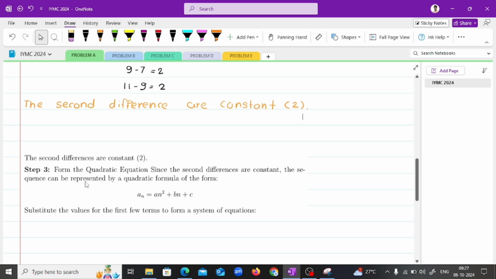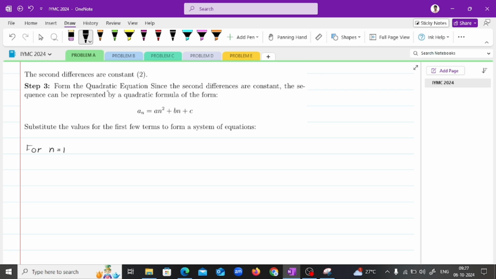So in step 3 we will first substitute the values for the first few terms to form a system of equations. For n equal to 1, if we substitute 1 in place of n, our equation will become a(1)^2 + b(1) + c, which is equal to a_1.